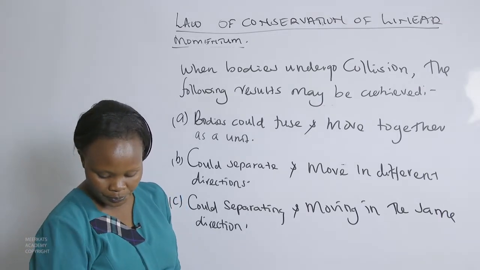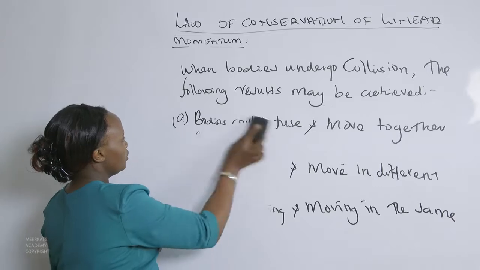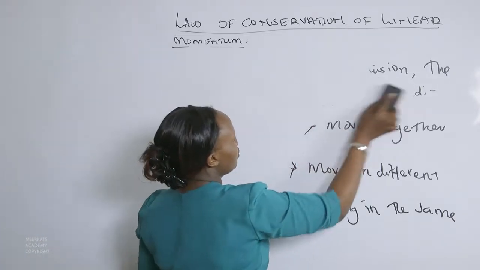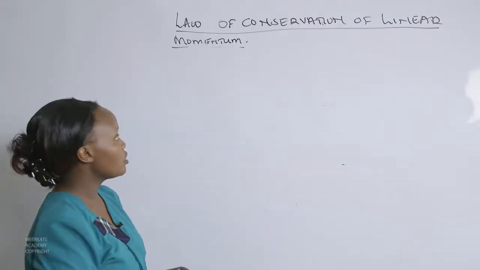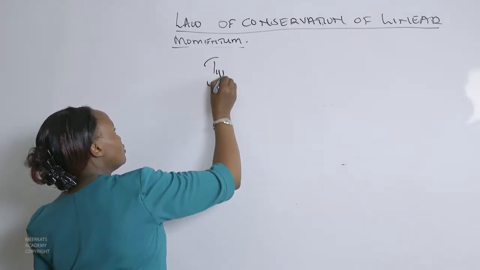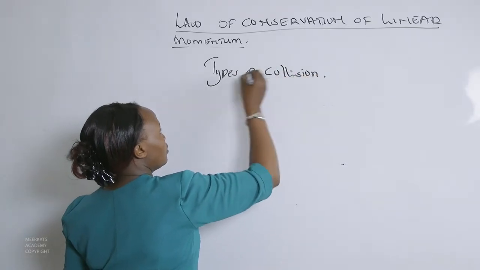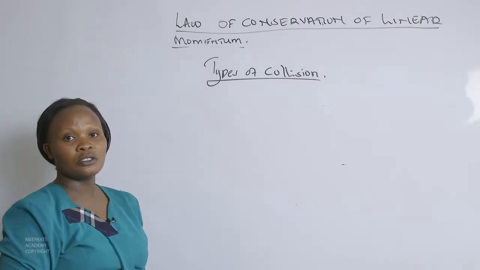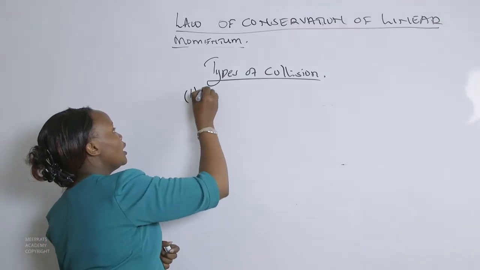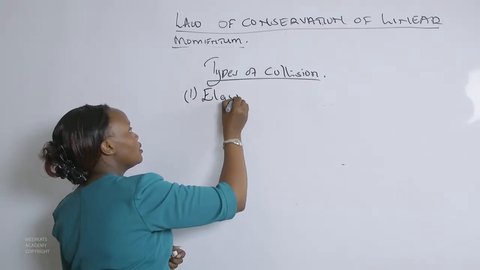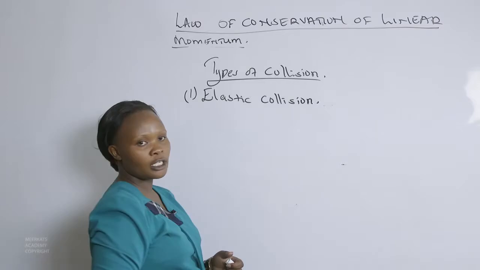Now, this brings us to types of collision. Number one is what we call the elastic collision.